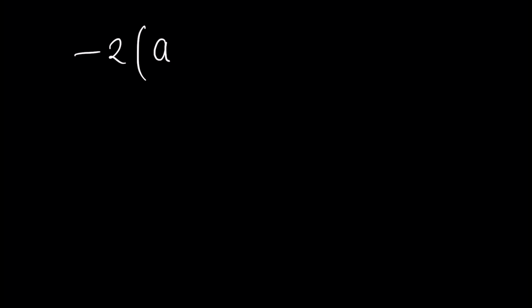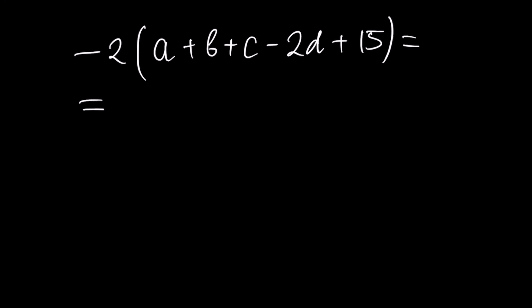For example, this is A plus B plus C minus 2D plus 15, for example. In this case, we multiply our number minus 2 by each element inside brackets.